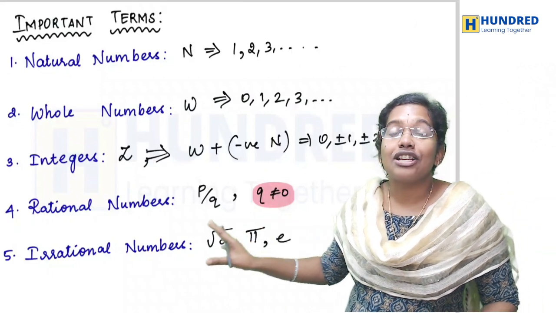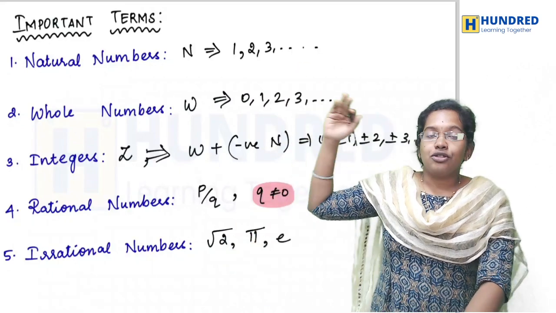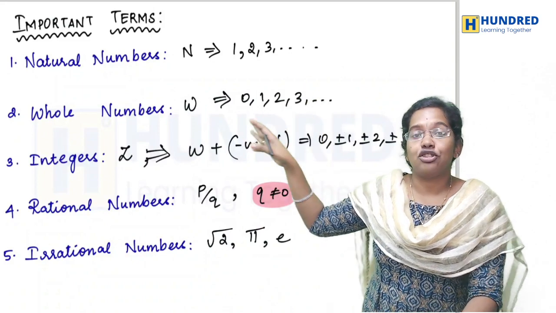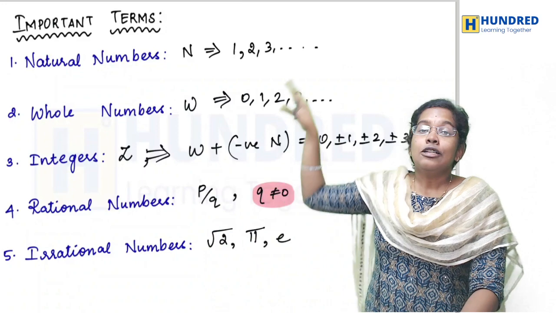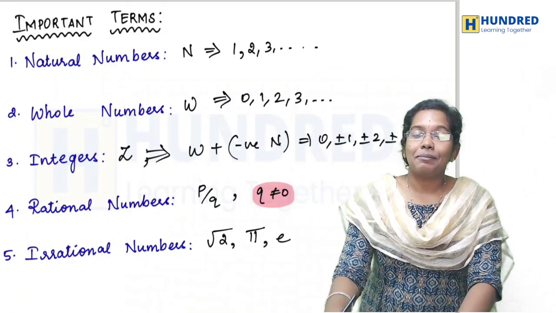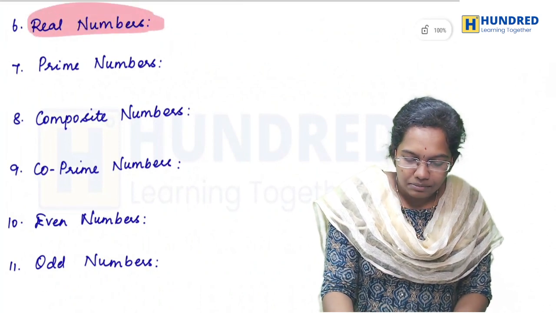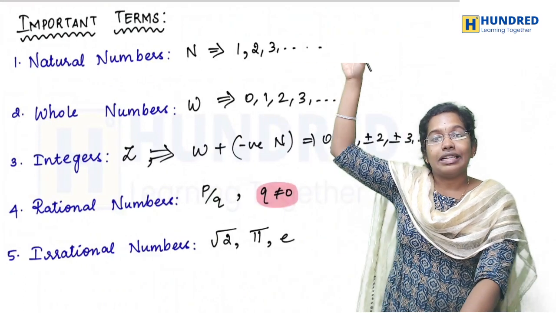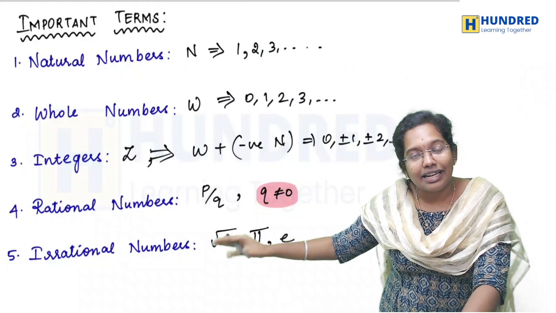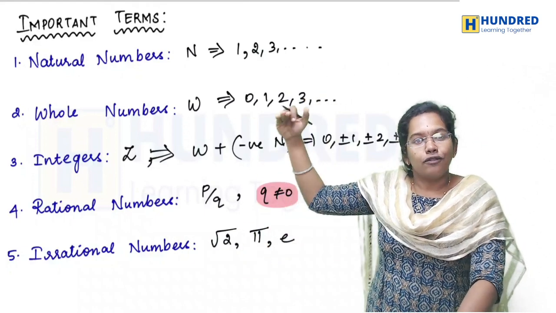You have known all these concepts: natural numbers, whole numbers, integers, rational, irrational. All together, these are known as real numbers. Real numbers include all these natural, whole numbers, integers, rational and irrational numbers. Each is a subset of another.